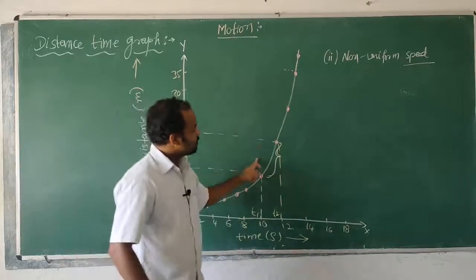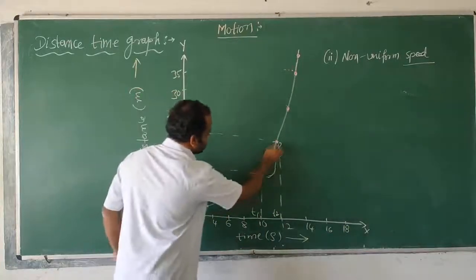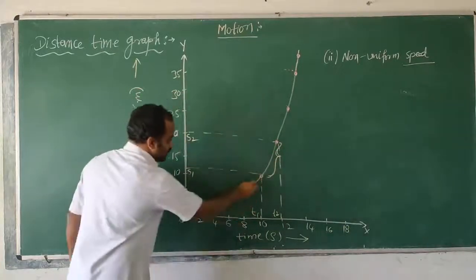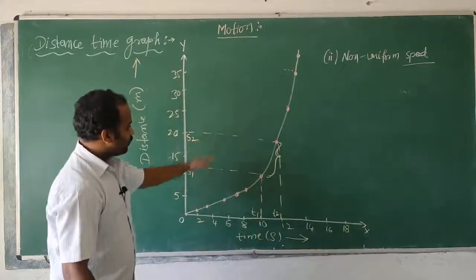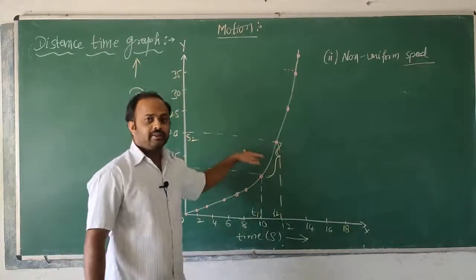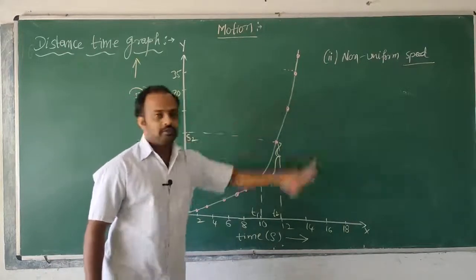But in this case we take speed. At every point it has a different speed, therefore the name non-uniform speed.